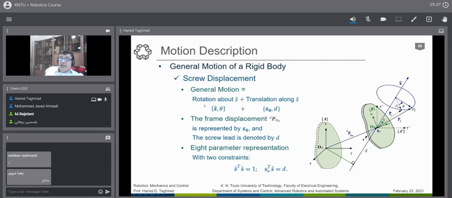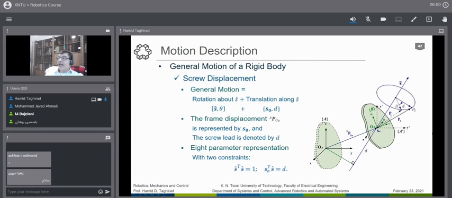It is telling us that we have the general motion. It is a rotation and translation, but the rotation is about a vector, a line, which we call S or S hat as before. We have proved that this is some sort of rotation that we are using here, and there is also a translation along this vector.